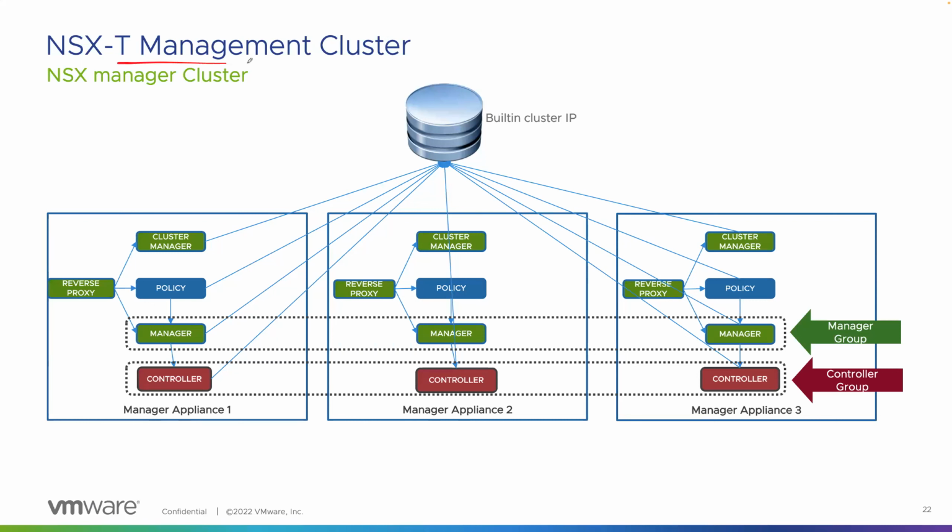Okay, let's talk about the management cluster. That relates to the installation of the manager, because I didn't mention that in the previous slide. We have a policy role, a manager role, and a controller. These three logical components are installed by the manager VM.